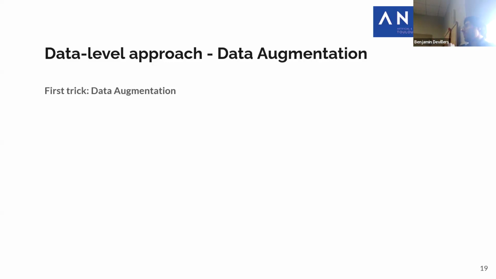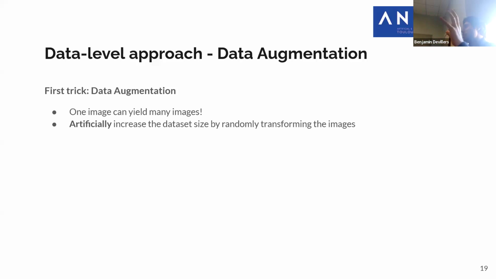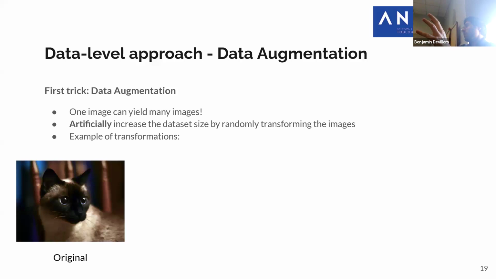The idea is very important, but it's quite simple. It's to basically do transformations to your example, to your image. So if you have this original cat image, remember last time we saw that an image is just pixels, and pixels are numbers that represent red, green, and blue values.